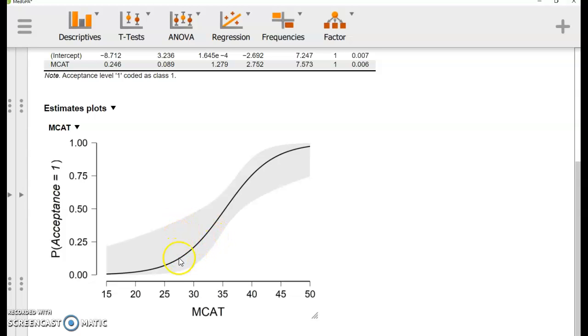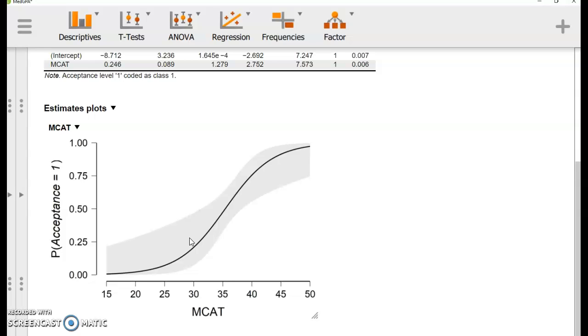You might notice that in the confidence interval, there's a lot more room for it to be above our prediction at the lower MCAT scores, and more room to be below our prediction here at the higher ones, just because think about what that would mean if our confidence interval was equidistant from the line. We'd have potential points up here that are above a probability of 1, or down here that are below 0. So that confidence interval isn't quite as symmetric as we saw before.